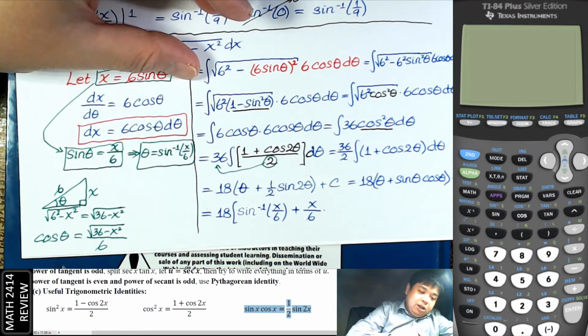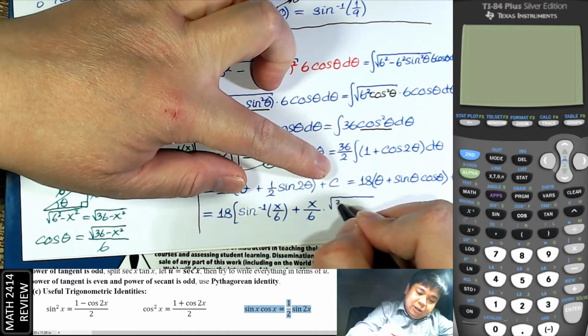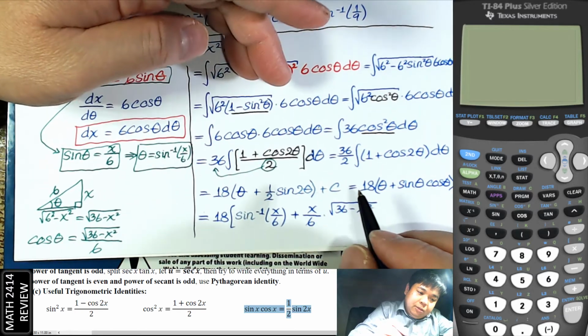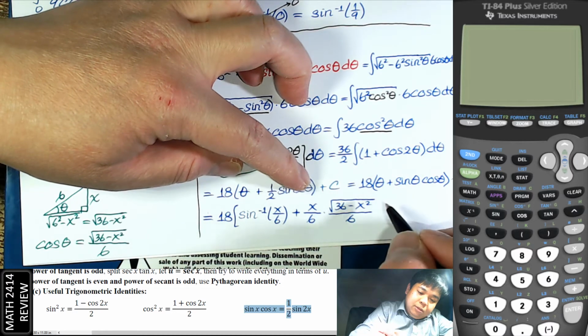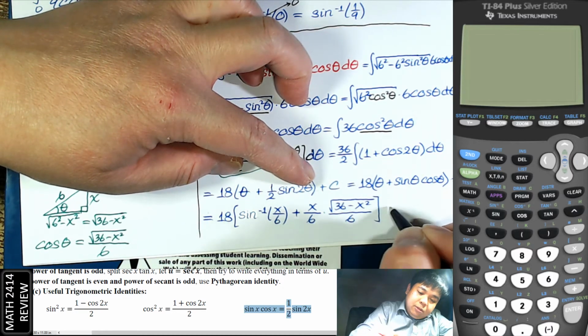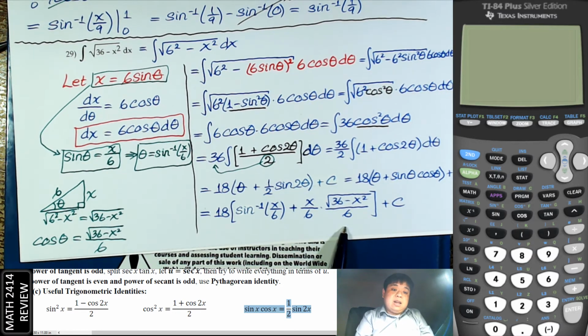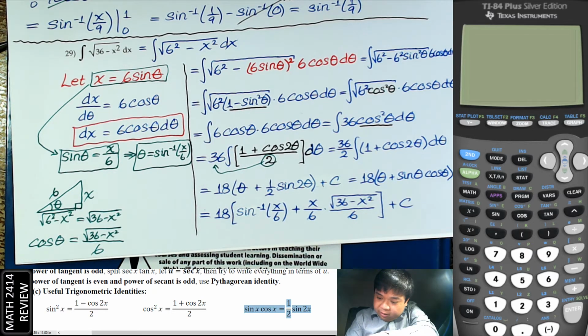And cosine is that. Plus c. And then 6 and 6, that's 36, and yeah, so not much we can simplify there, but that's what we have.